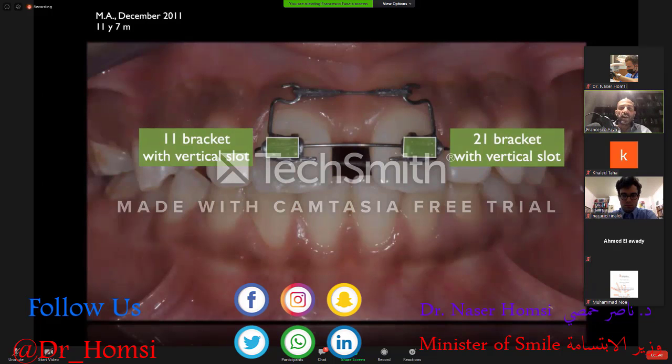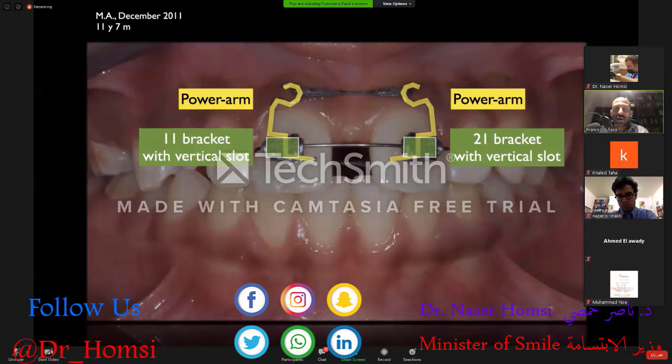We have a bracket for the upper incisor with a vertical slot underneath the main 22 per 28 slot, and in the vertical slot we have a power arm that allows us to apply an elastic power chain at the same height of the center of resistance of the upper incisors.